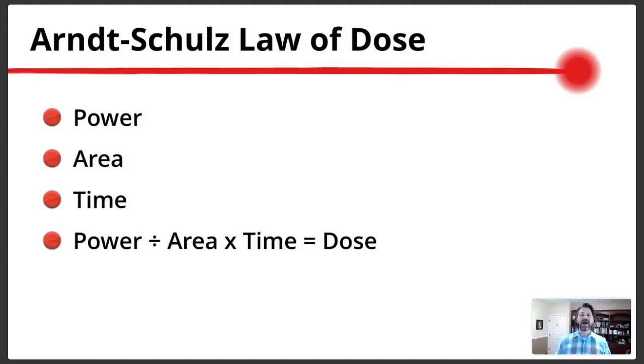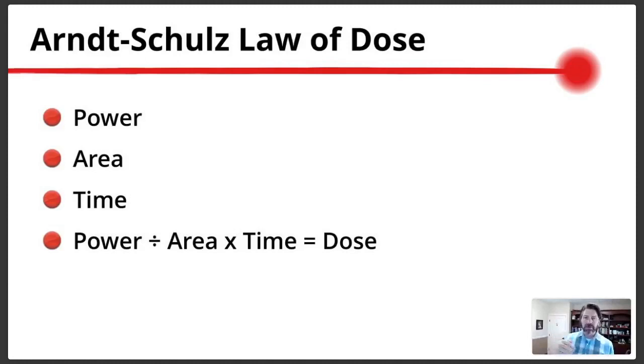So the amount of power is only part of the equation. You have to look at how big of an area that power is spread over, and that tells you the dose that any particular spot will receive. And then the other component of dose is time. If you have a high power and you have it spread over a small area, that's a high dose.